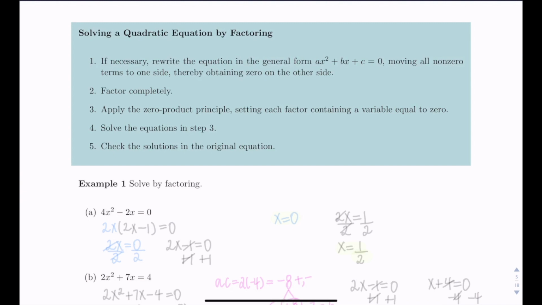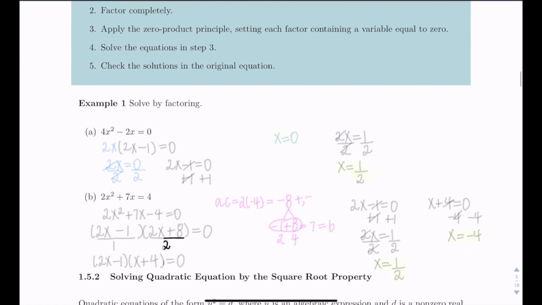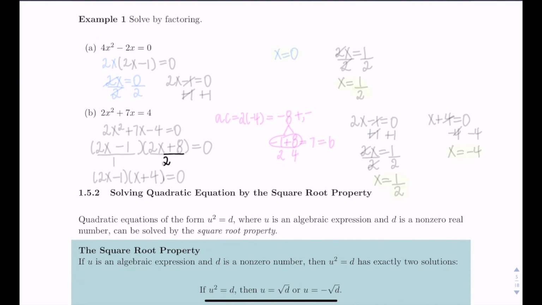So let's try this with example 1a. First, we want to make sure it's set equal to 0. Since we have that, we can start by factoring the left-hand side. We have 4x squared minus 2x equals 0. We always look for a greatest common factor first.